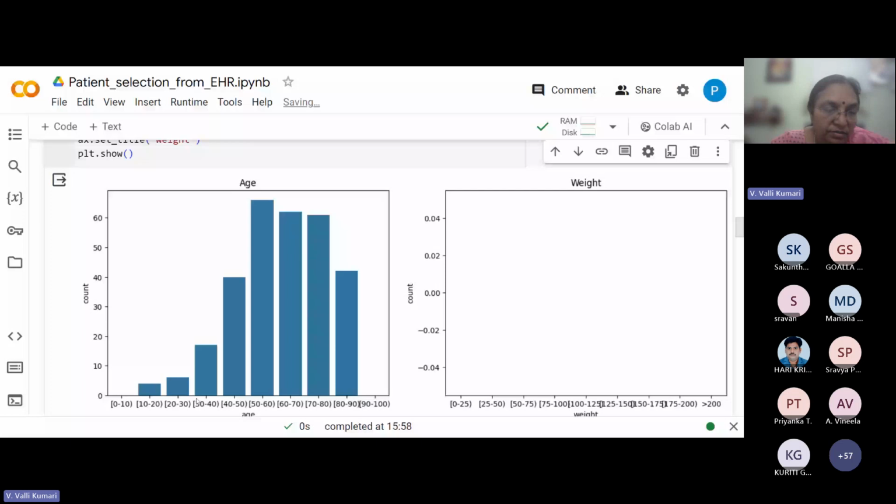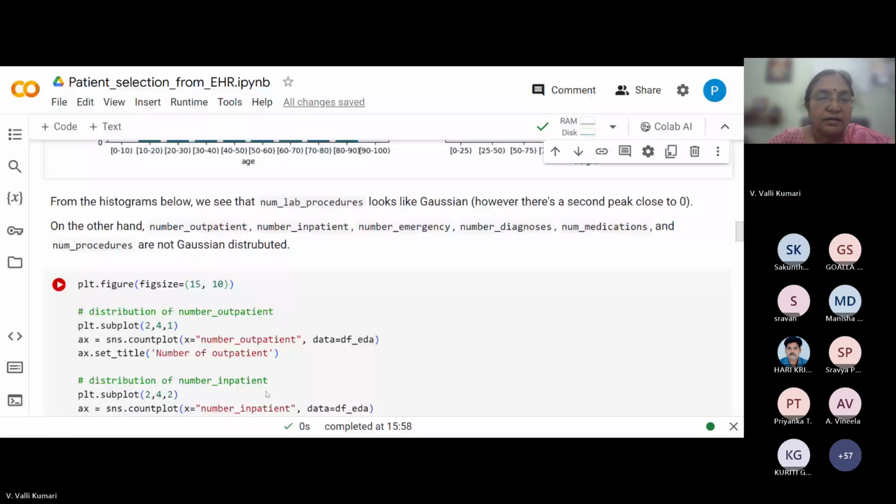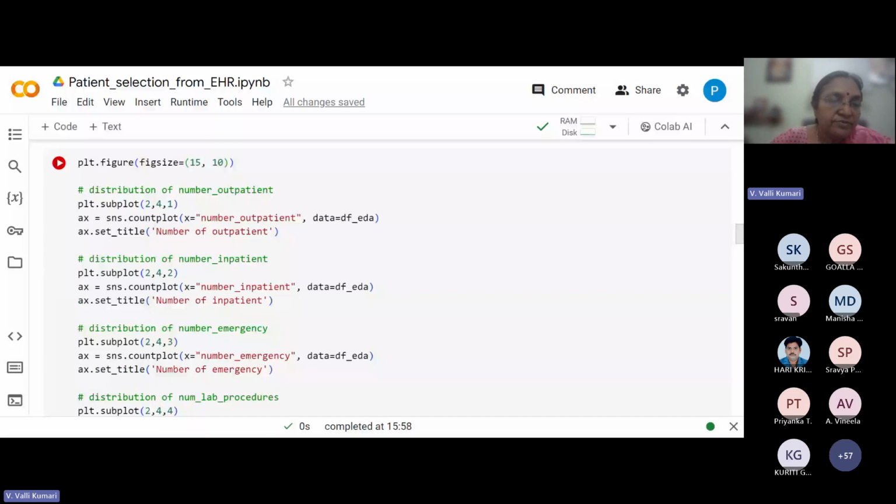It's not purely Gaussian. The number of patients below 40 age is limited, and after 50, the number of visitors beyond 50 age is more. Then we can also have some more information.